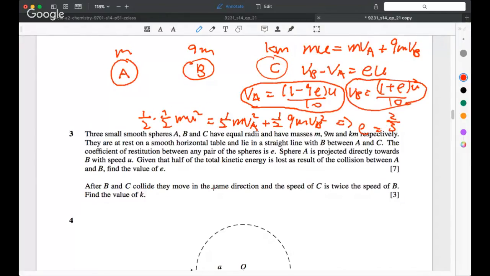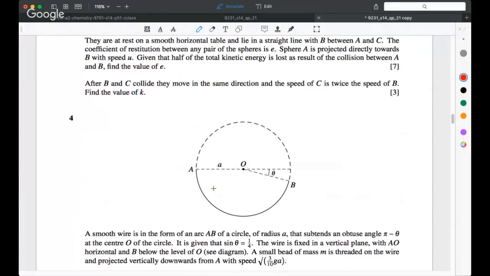And after B and C collide, they move in the same direction and the speed of C is twice the speed of B. Find the value of K. Well, what do we know? So first, we know that the velocity of C, Vc, is 2Vb dash, the velocity of B after the collision.